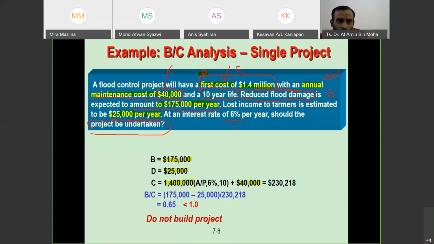So the only cost that is P is the 1.4 million, so we need to change it to A. I hope you understand this. So P is given. You're going to search for A with the 6% given here, and N is 10, being given.